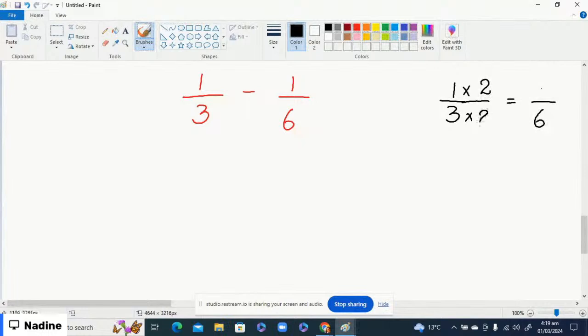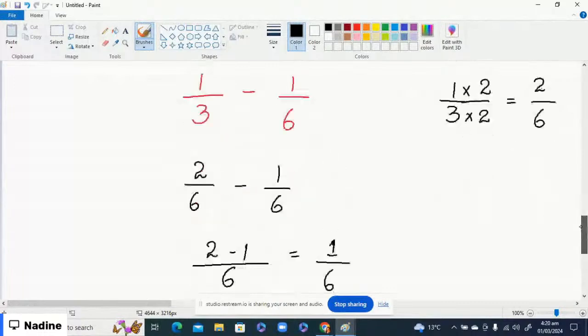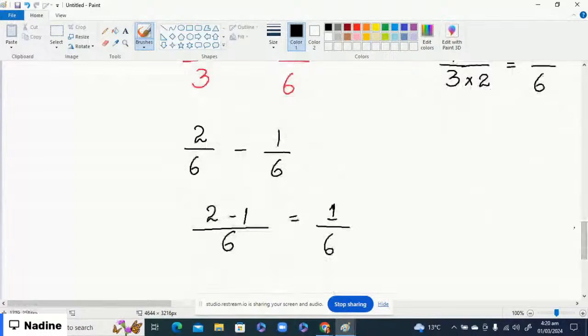With 2. So 2 times 1 is 2 and 2 times 3 is 6. Now 2 over 6 minus 1 over 6. We put only one denominator and 2 minus 1, which is 1 over 6. It's just like what we did with adding fractions.